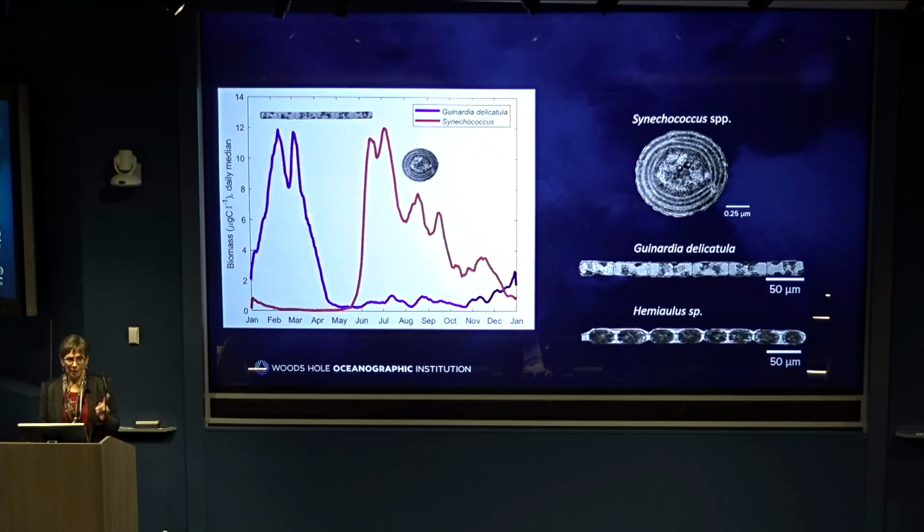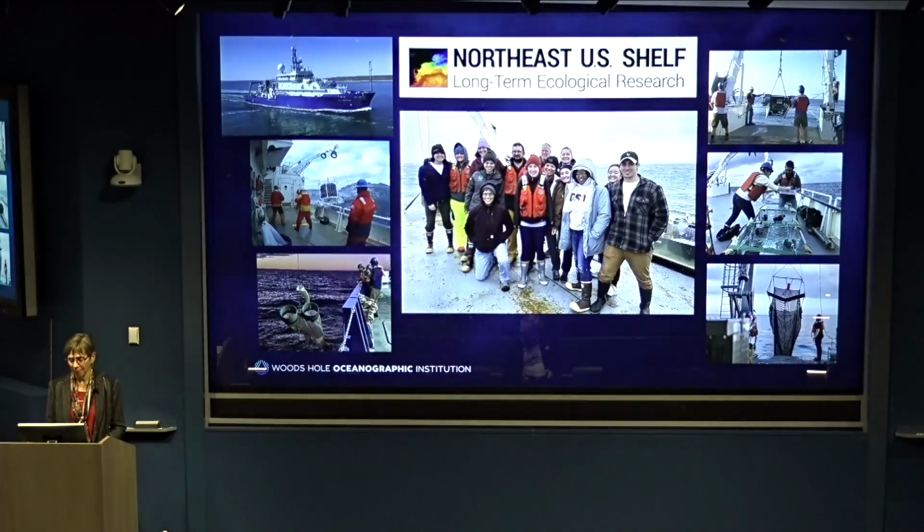The first point of contrast I want to make with this plot right here is just to emphasize what I said earlier, that at the Coastal Observatory, where we've been working for 2 decades, Hemiaulus is extremely rare. So this pink line here along the baseline shows the average annual biomass pattern for that species. So not surprisingly, based on the Coastal Observatory, we were not paying any attention to this species. It was occasionally observed, but just not on our radar in terms of important in the system.